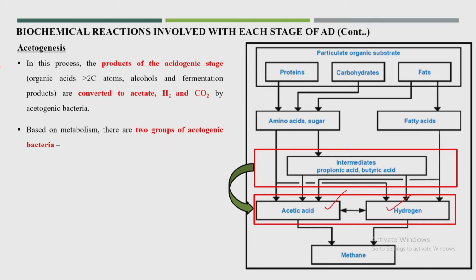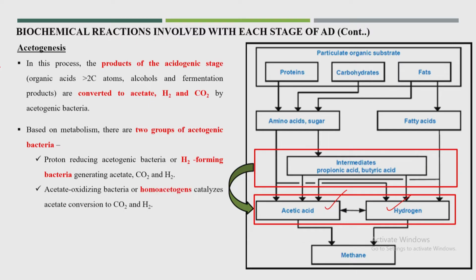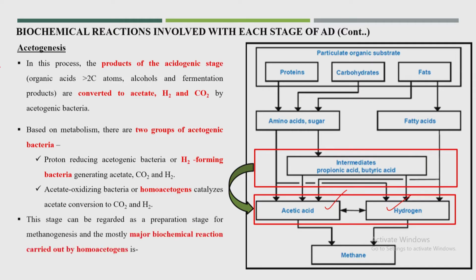So, based on metabolism, there are two groups of acetogenic bacteria. The first is proton reducing acetogenic bacteria or H2 forming bacteria, generating acetate, CO2 and H2, and next is acetate oxidizing bacteria or homoacetogens, which catalyze acetate conversion to CO2 and H2.